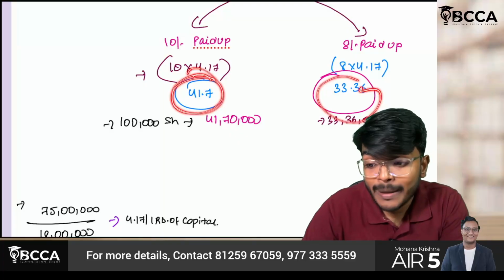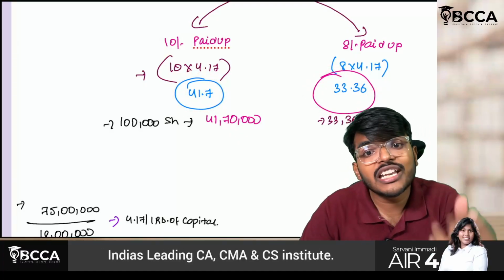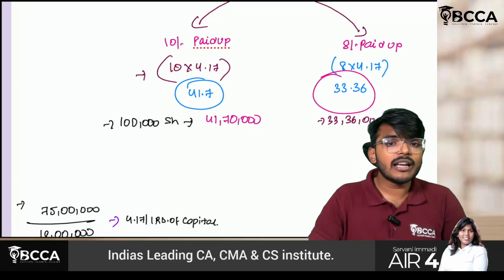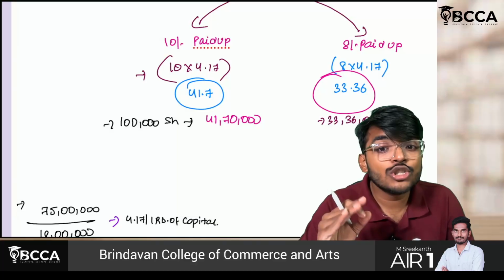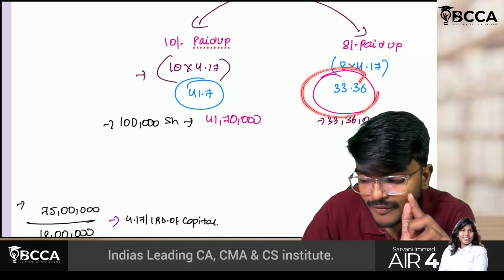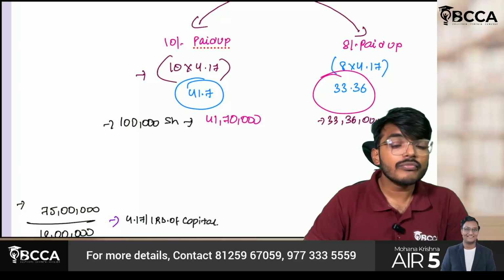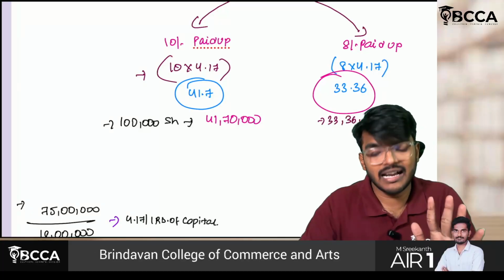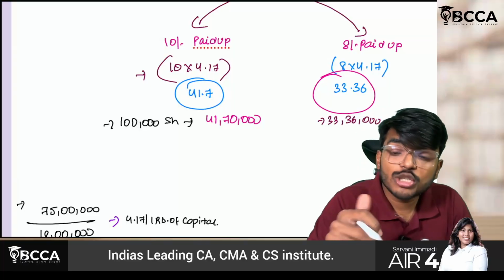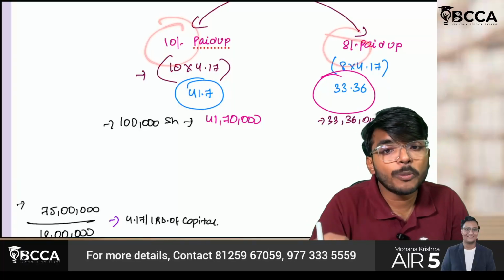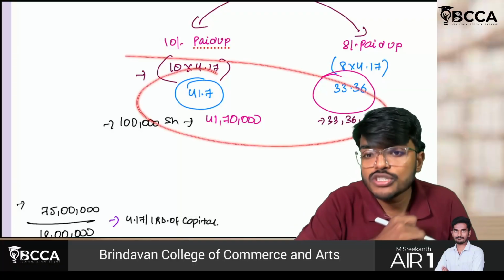The fair value of the assets is mostly enjoyed by the 10 rupees paid up persons, and very little net assets are given to the 8 rupees paid up shareholders. But the actual difference between us is only 2 rupees. Try to understand. The actual difference between us is only 2 rupees, but if you check the fair value allocation, there is a huge difference in the margin.